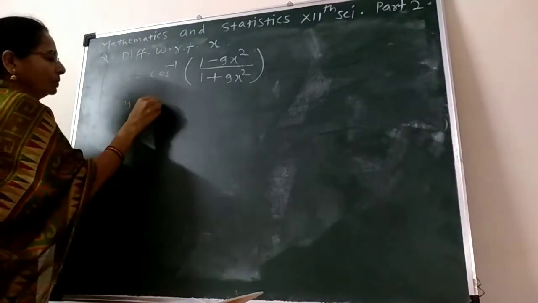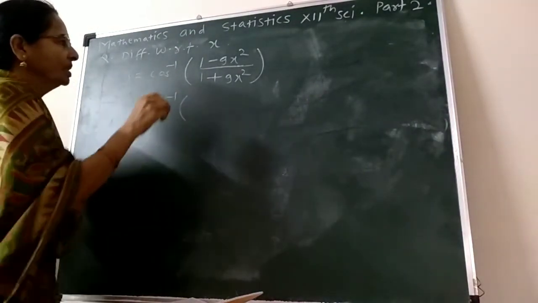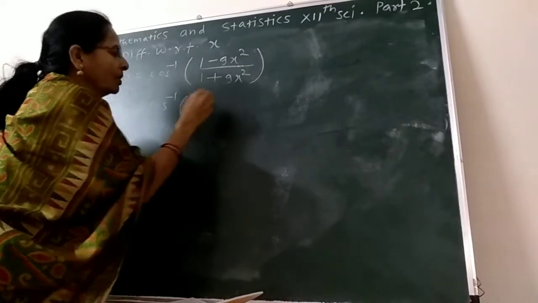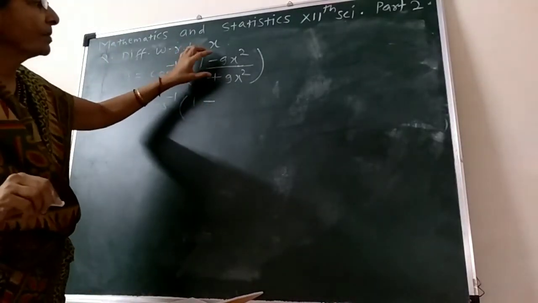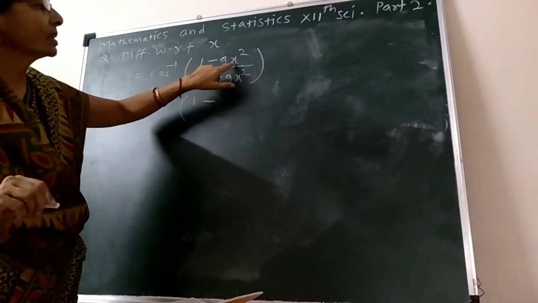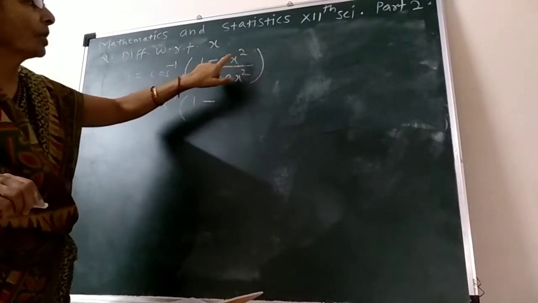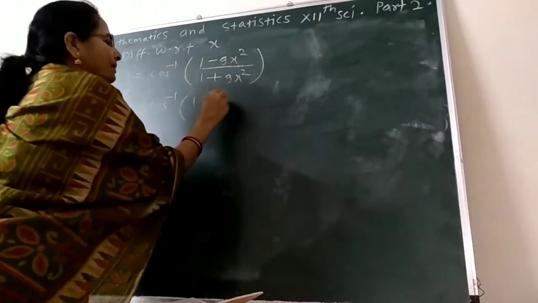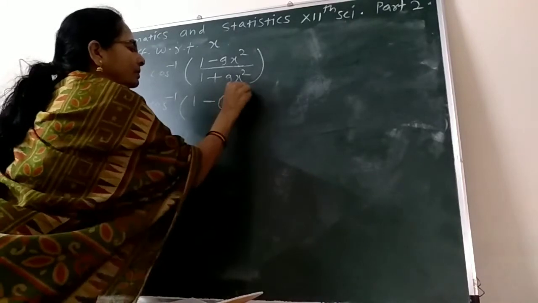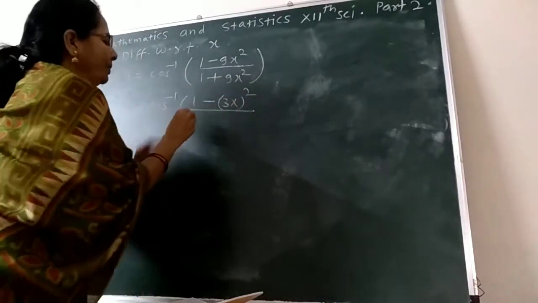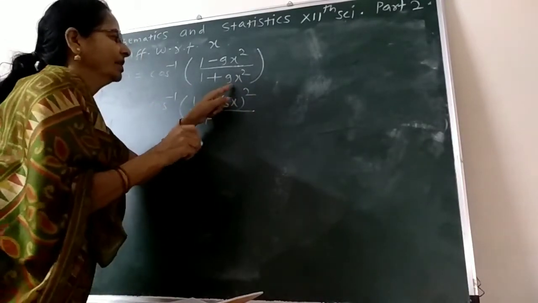In such types of problems, this 9x square is written in the form of 3x bracket square, so 1 minus 3x bracket square upon 1 plus 3x bracket square.